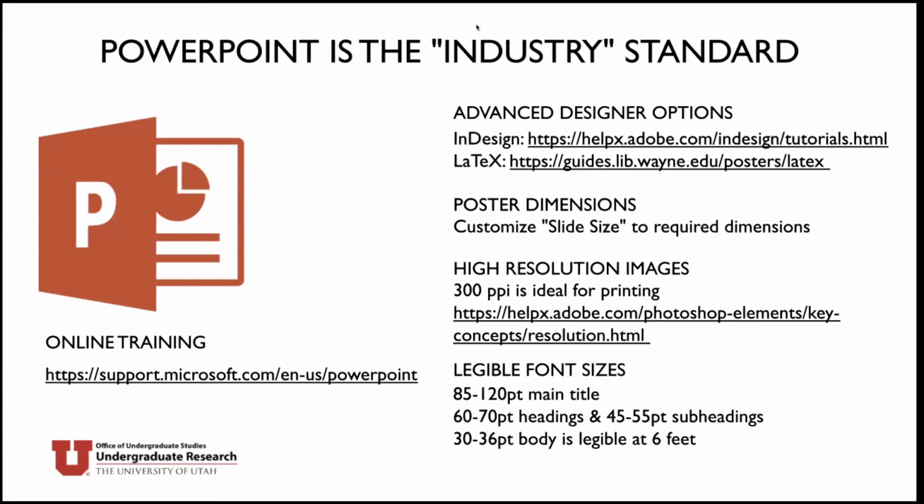One way of doing that is through the visuals, which we're going to talk about shortly, but it's also using the right size font so somebody can read the title, get engaged by your poster, come in a little closer, and read the little bit of text that you're including from about 6 feet away. So just think of it as COVID all the time. We want to be able to see, read and communicate with our viewers from 6 feet away. Next slide, please.